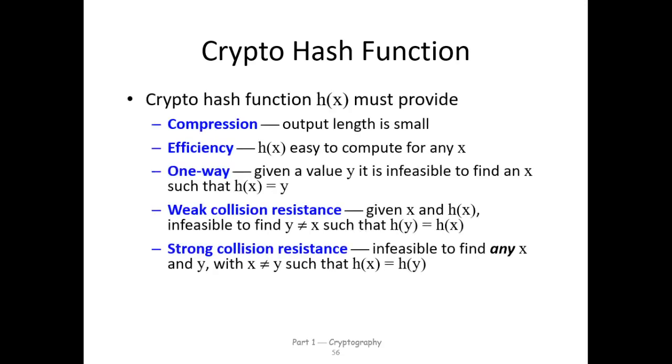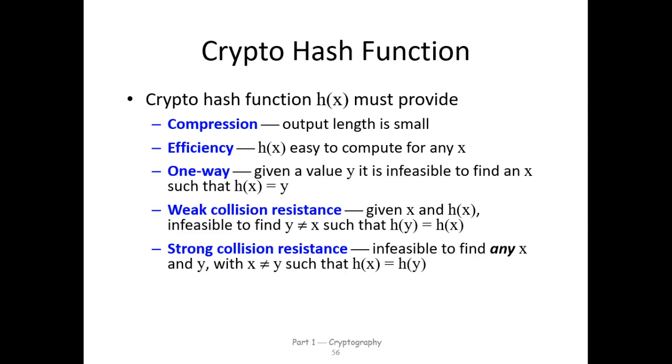In this crypto hash function, as per my last discussion, h of x is a hash on x, and h of x must provide compression. Compression means that whatever output we get, its length should be small. You already know something about compression efficiency.